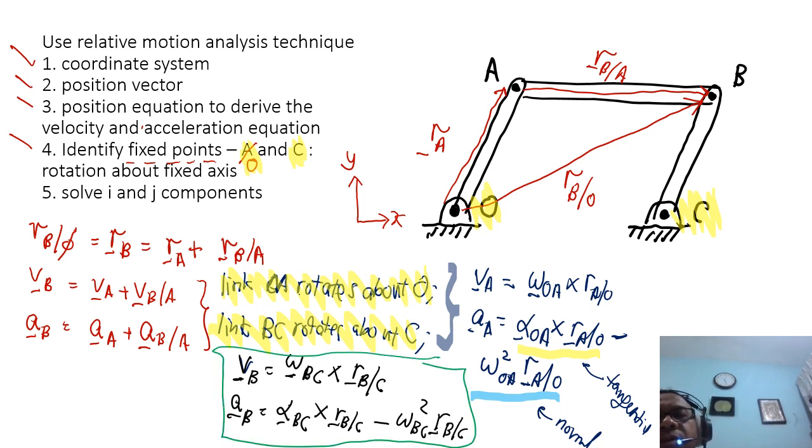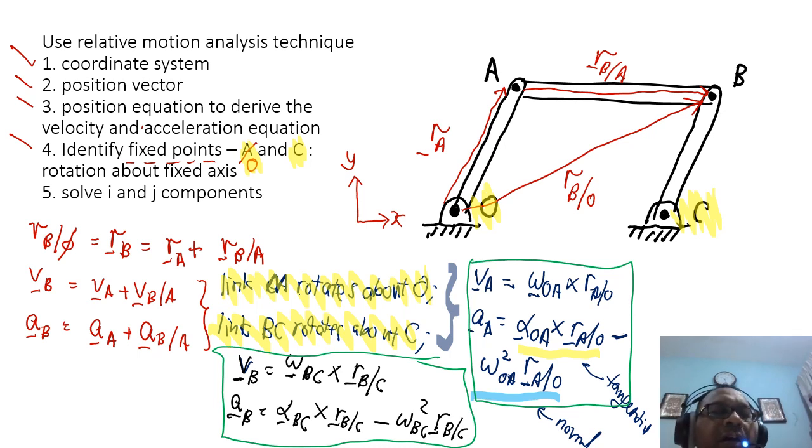What else do we have? Did we miss anything? We have VA, we have VB. What about VB relative to A?